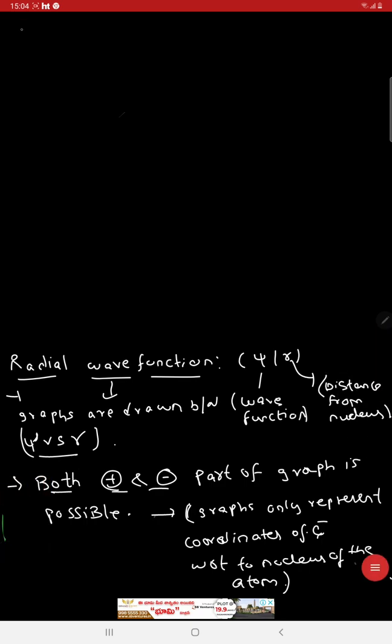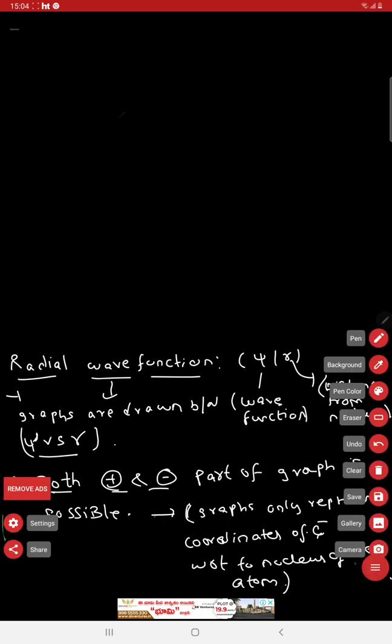Next concept, for s orbital. Any s, that is, it can be either in second or first or third, but if it belongs to the s orbital, the electron we are depicting which is present in the s orbital, the graph starts from maximum.